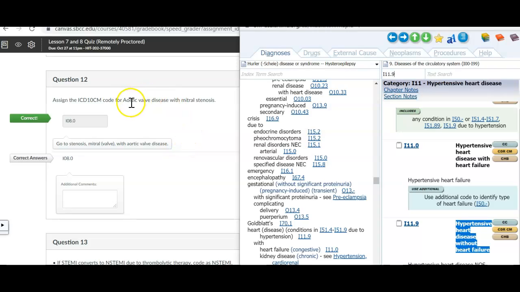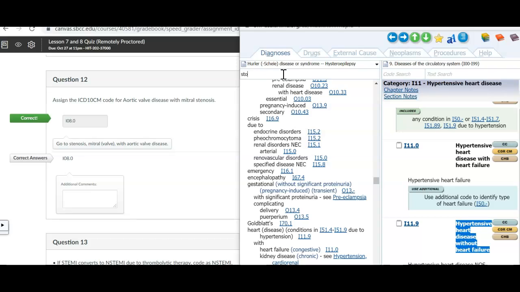All right, so this one here, remember our rules. You go to stenosis, mitral valve with aortic valve disease. Whenever you have aortic valve disease with the mitral valve, you presume that it's rheumatic. So that's why we're coding the I08.0.